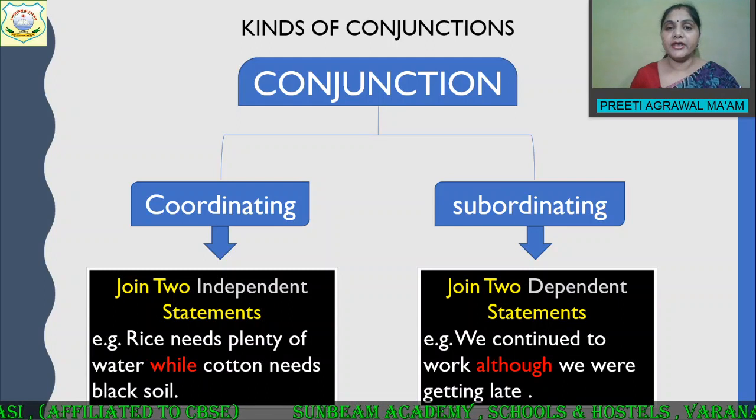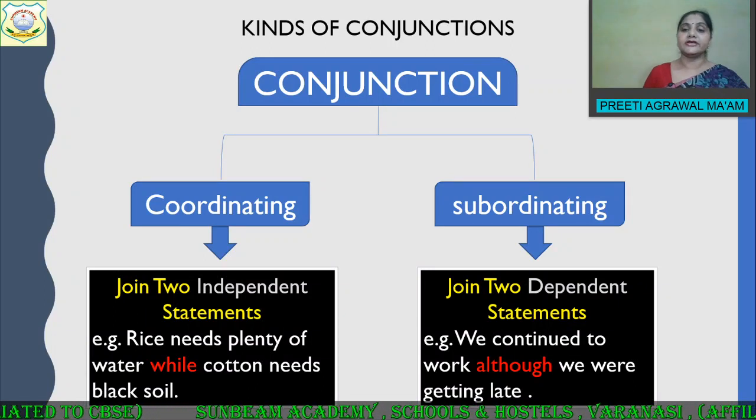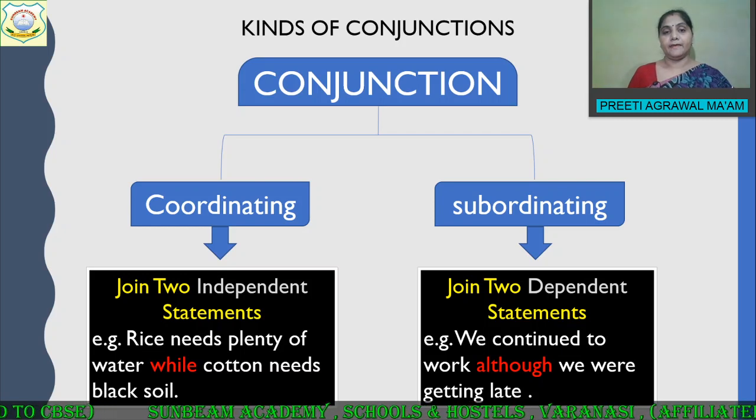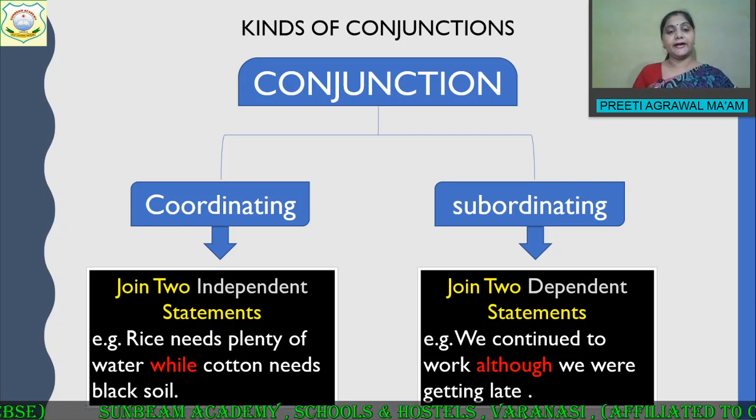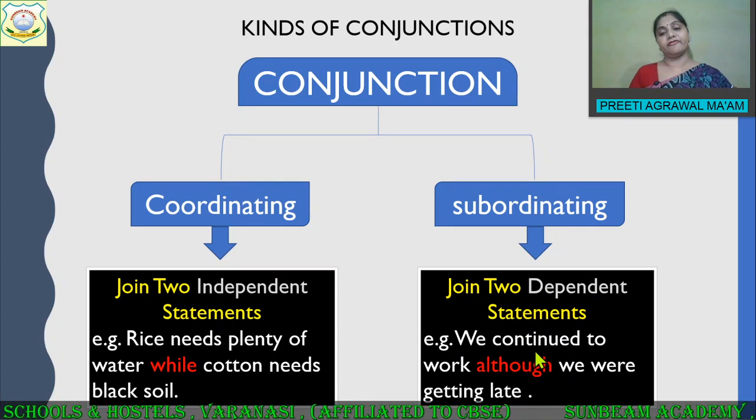So it's a very easy way to identify between coordinating and subordinating conjunction. Coordinating: two independent clauses or two independent statements. Subordinating: dependent statements, meaning the sentence depends on another to clarify its meaning.